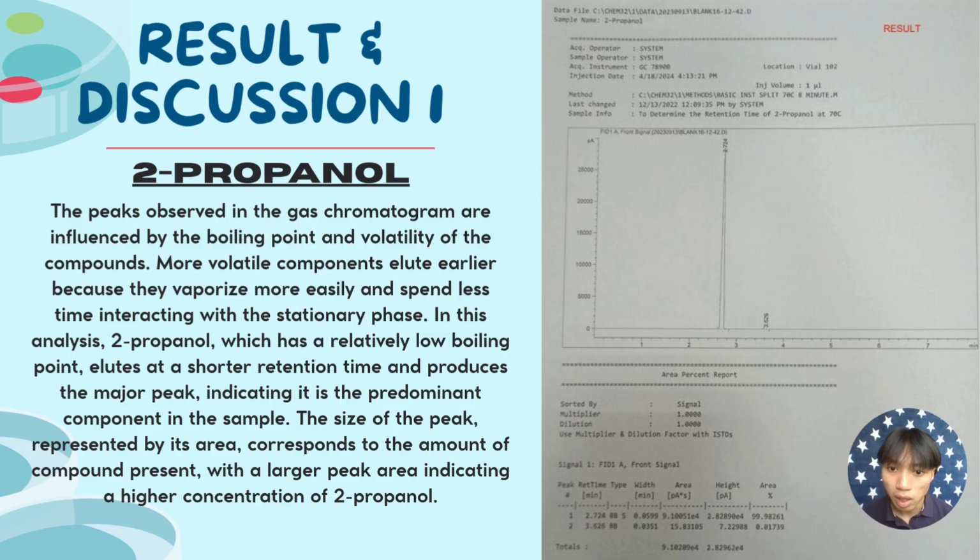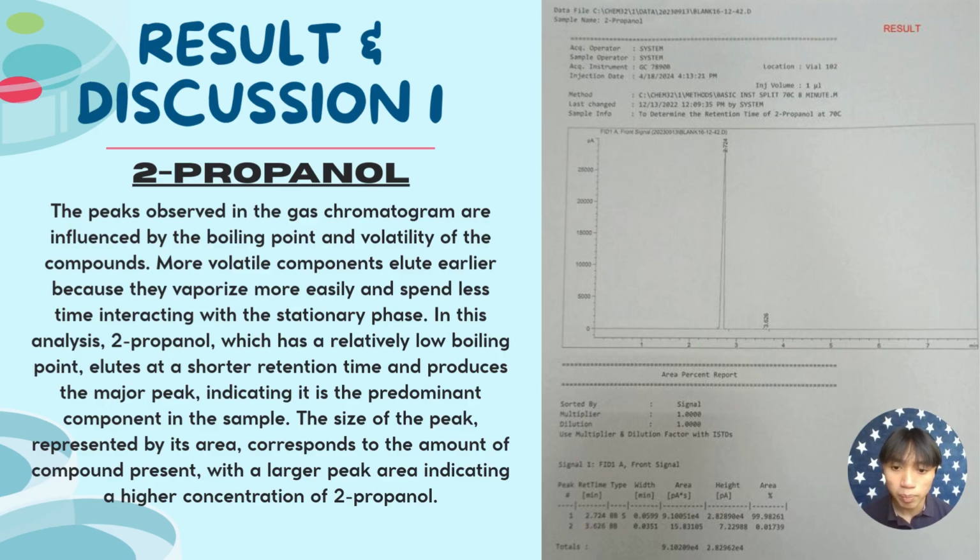In this analysis, 2-propanol, which has a relatively low boiling point, elutes at a shorter retention time and produces the major peak, indicating it is the predominant component in the sample.